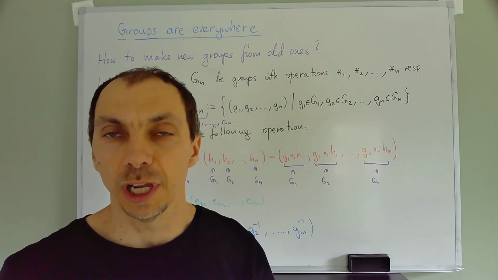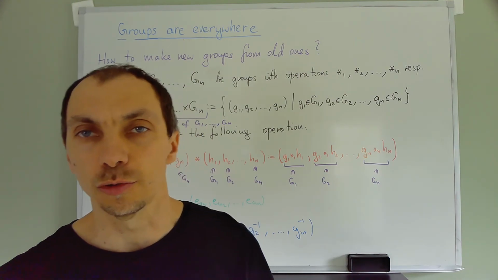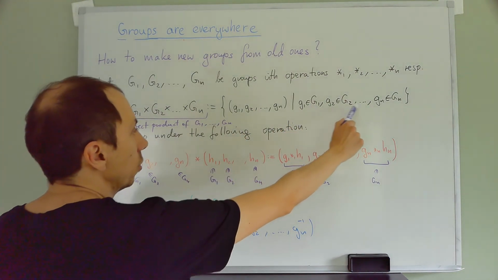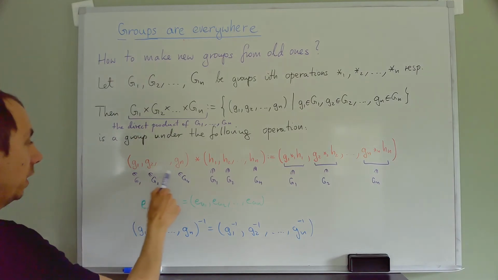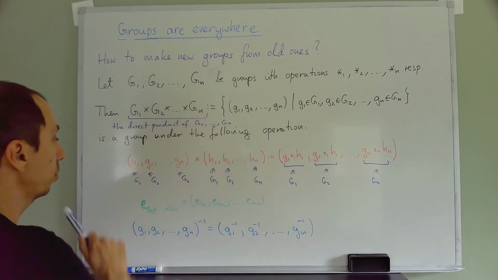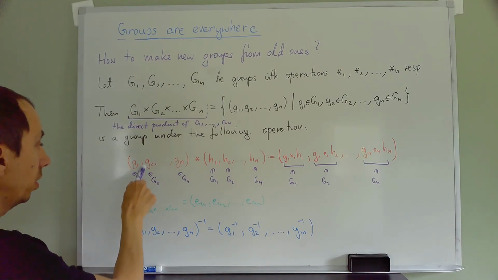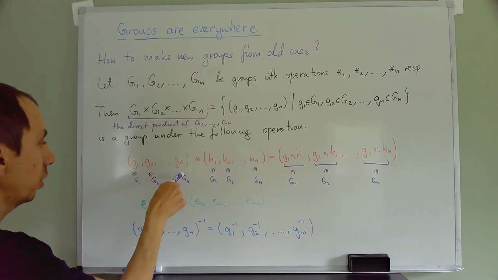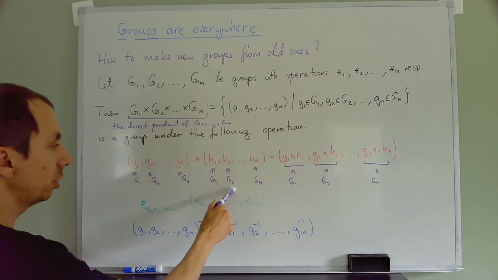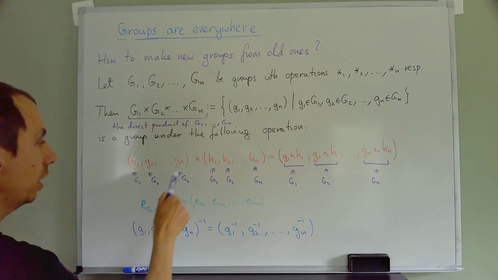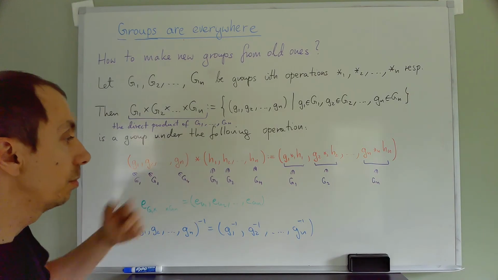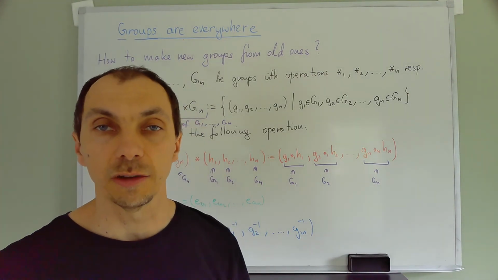If it is a group, I have to tell you what is the binary operation on that group, and it's just a binary operation that is made up of the binary operations on each of these. So if I take an element like this in the direct product, g1 is in G1, g2 is in G2, and so on, and yet another one, h1 is in G1, h2 is in G2, and so on, then I have to tell you how to combine these two elements into yet another element of this direct product.